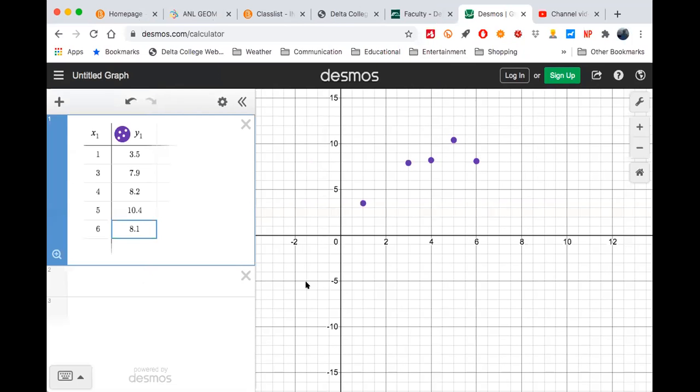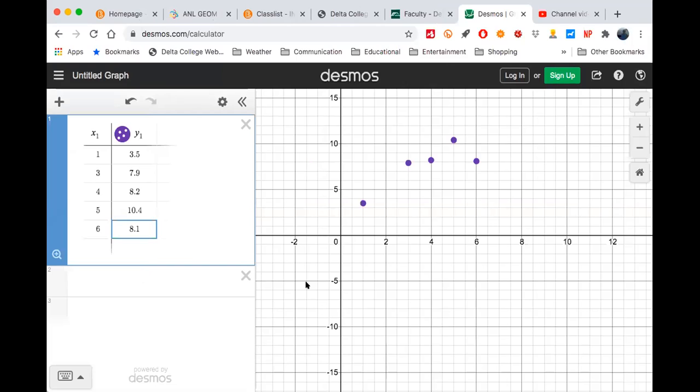Okay, so you guys should be able to see my screen share. And notice that I gave you 5 points, and they aren't really that great in terms of a linear relationship this time. Did you guys see that? See how they went up and then came back down? That doesn't mean we can't come up with a line of best fit. It just means it might not fit as well.